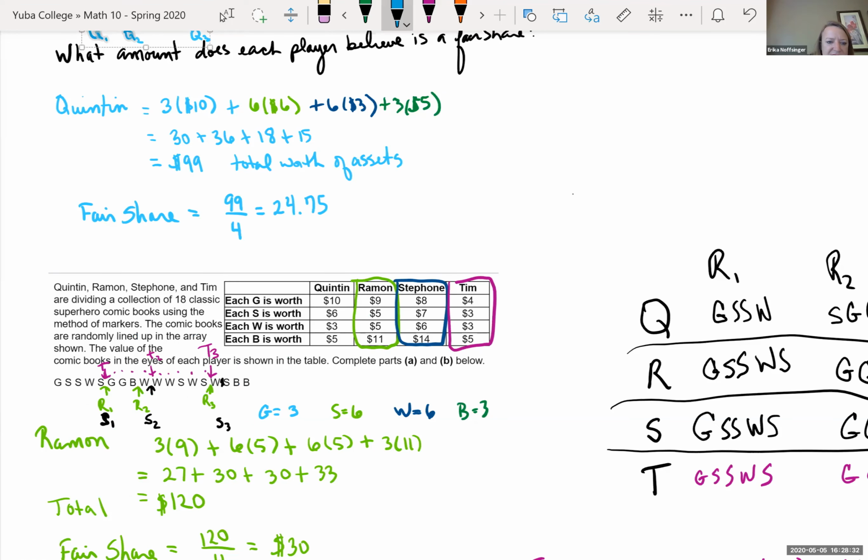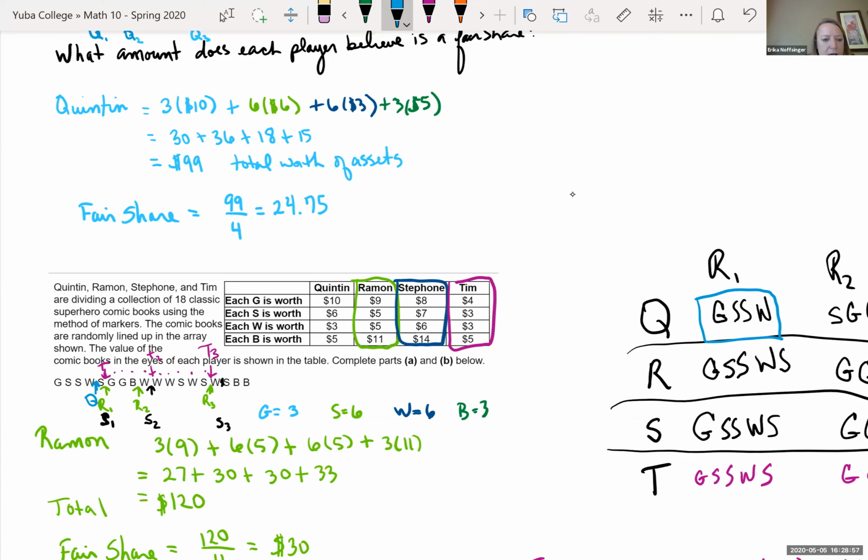Q is GS, and it's going to stop after the first W. So to me, that means that Q gets those because they're the first marker that comes up. Okay, so it's fine. We don't have any other Qs in there.